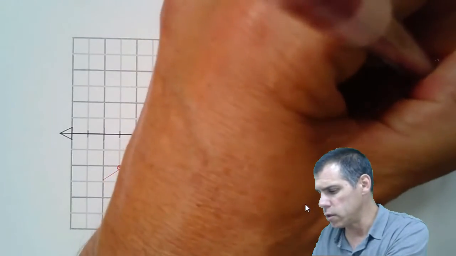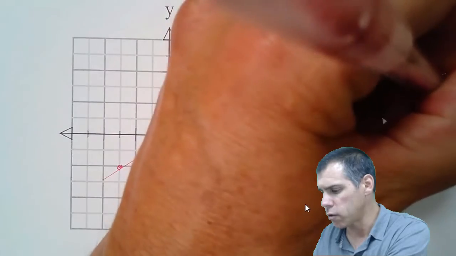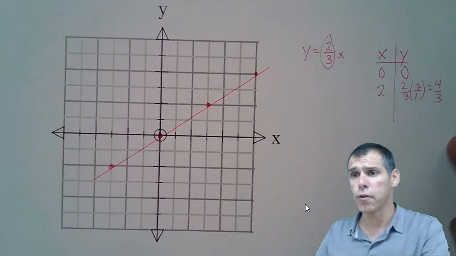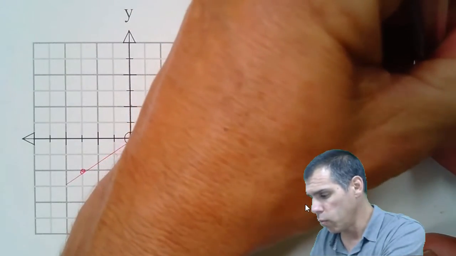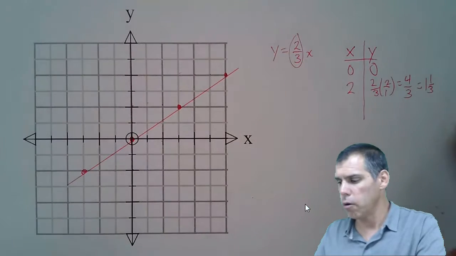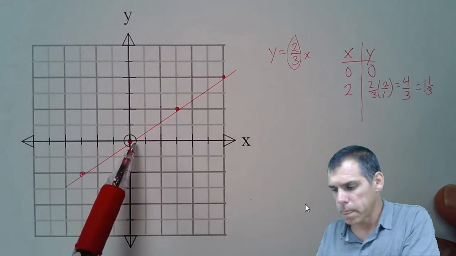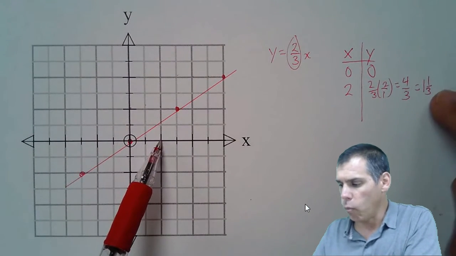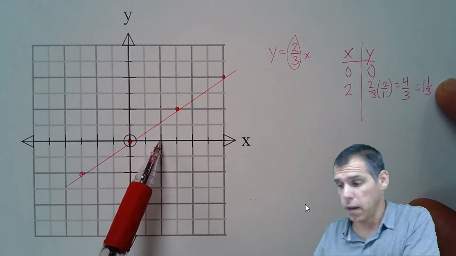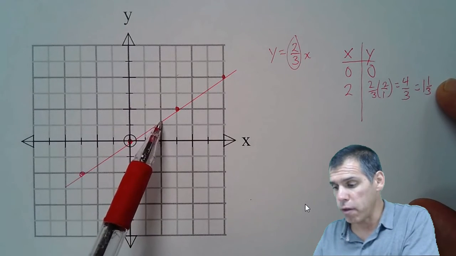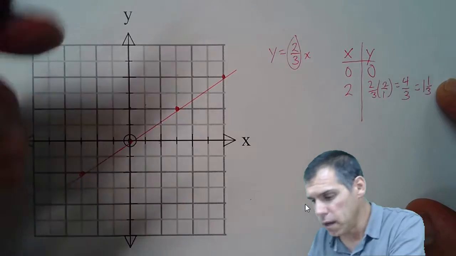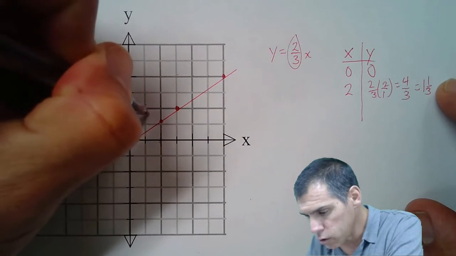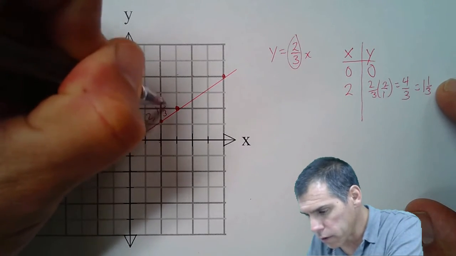So 2 times 2 is 4, 3 times 1 is 3, 4/3. And 4/3 is equal to 1 1/3. So if I have the point 2, I would go up 1 1/3, and I would be on the line. That's about a third. So that would be the point 2 and 1 1/3.